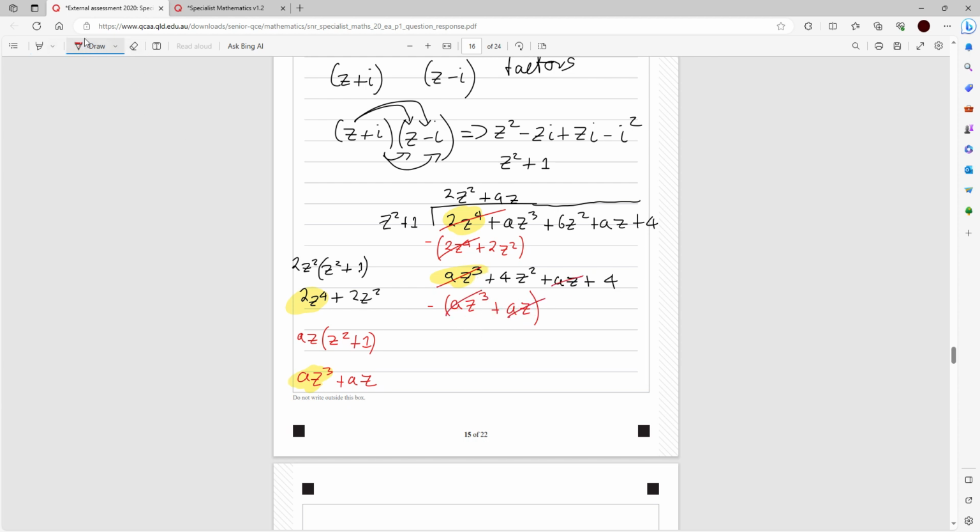So what we're left with for our final bit is 4z squared plus 4. Now we do that final bit, so 4z squared divided by z squared is 4. So you go plus 4 up there. I'm running out of room, so I'm going to rub this stuff out now.